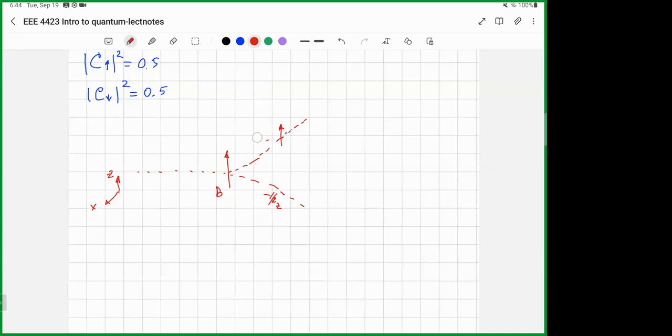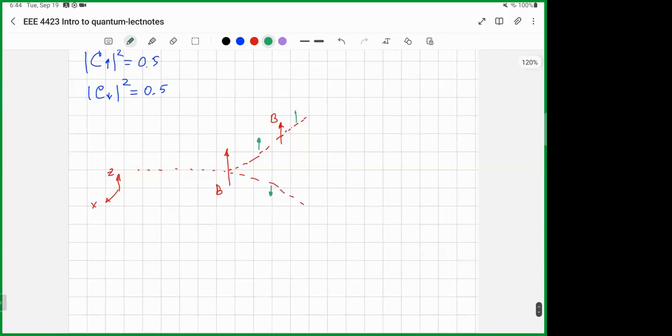Let me change this 1/2, minus 1/2 to the orientation of the spin. So let's say this one is oriented up in the z direction, this one down in the z direction. Again, if I apply another magnetic field here, it doesn't change the state of this spin.